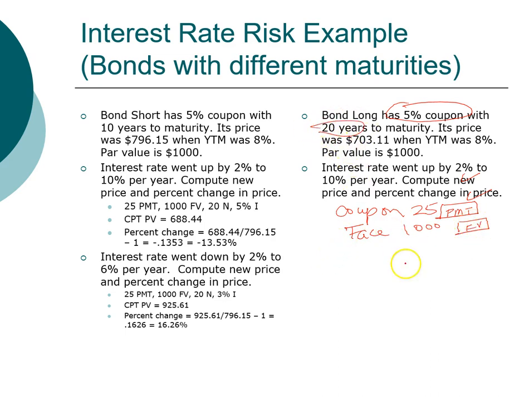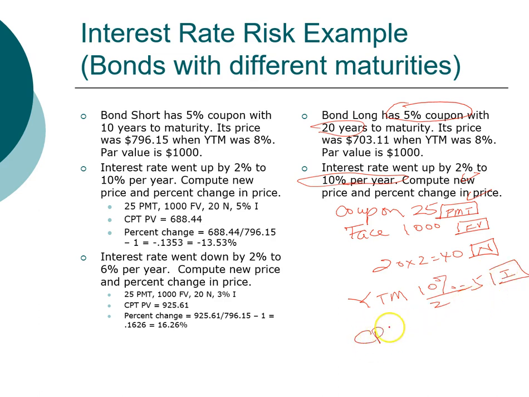This bond has 20 years to maturity, so M will be 40. And the yield to maturity goes up to 10% per year, so that's 5% every 6 months. That becomes your interest rate, and you're computing the price of the bond today.